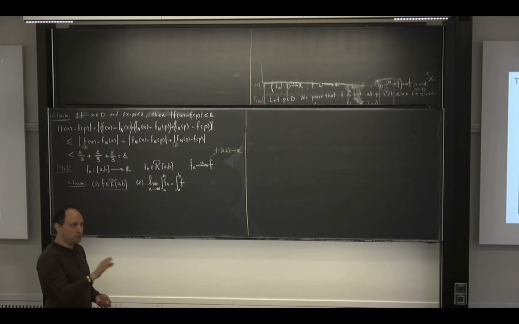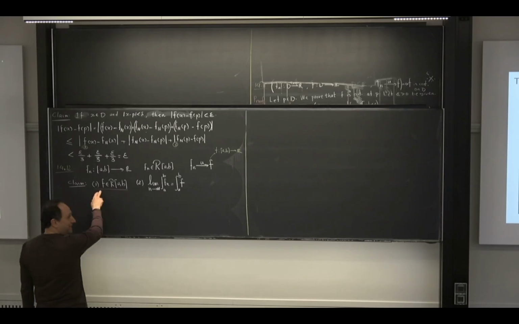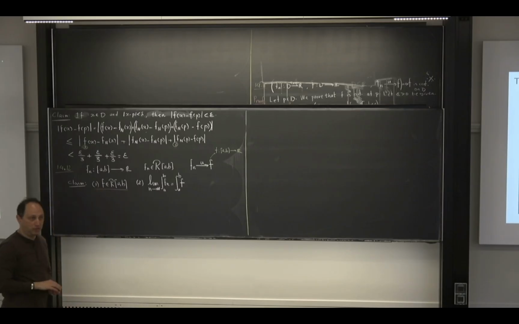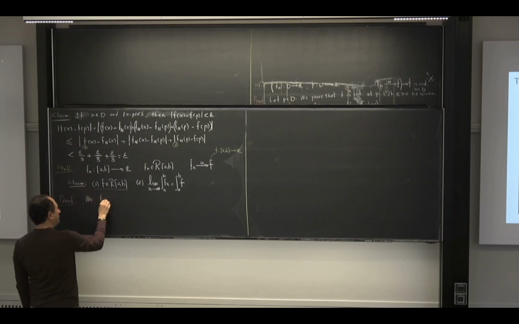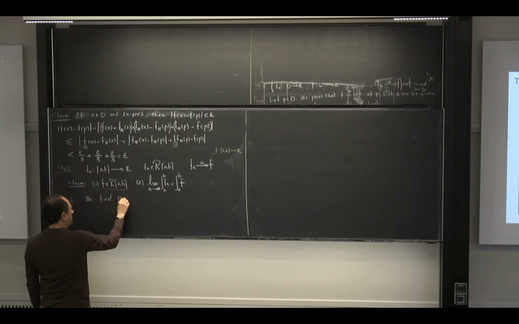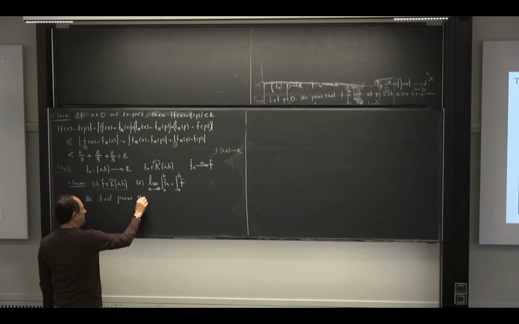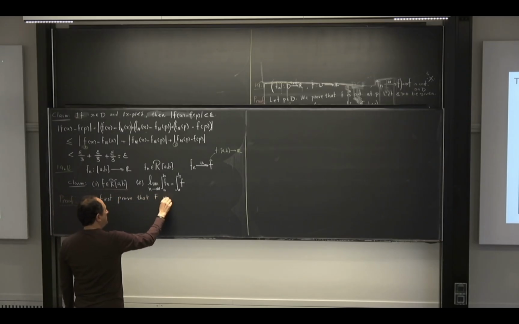Because if it does not remain bounded, it doesn't make even sense to talk about Riemann integrability of that one. So let us just prove this boundedness, okay? One, we first prove that f is bounded.